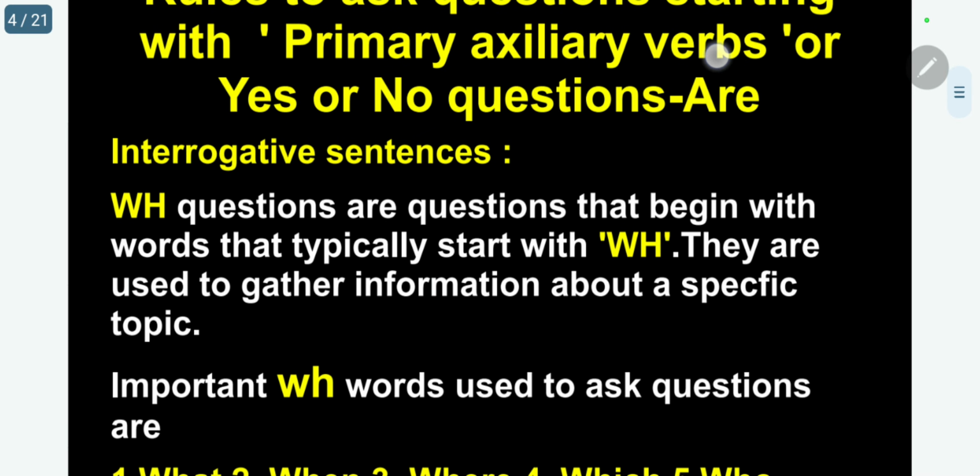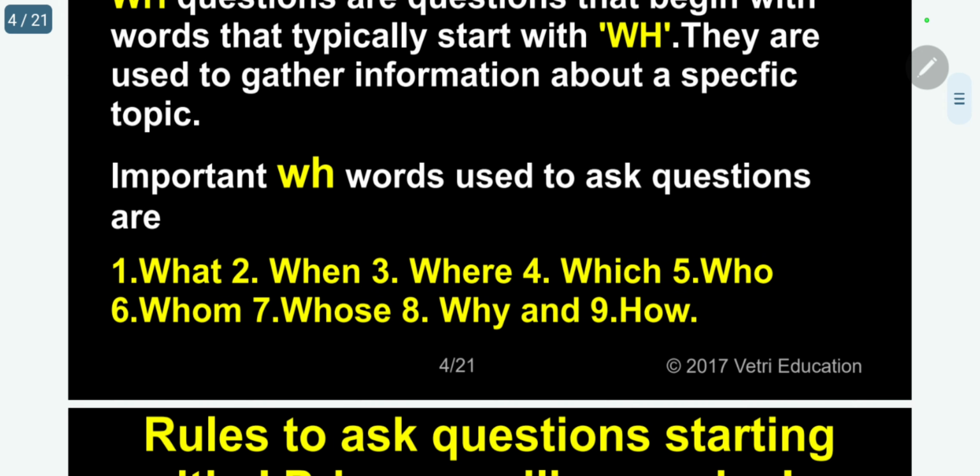Under the interrogative sentence, WH questions are questions that begin with words that typically start with WH. I informed you all earlier. They are used to gather information about a specific topic. Important WH words used to ask questions are number one, what? Number two, when? Number three, where?